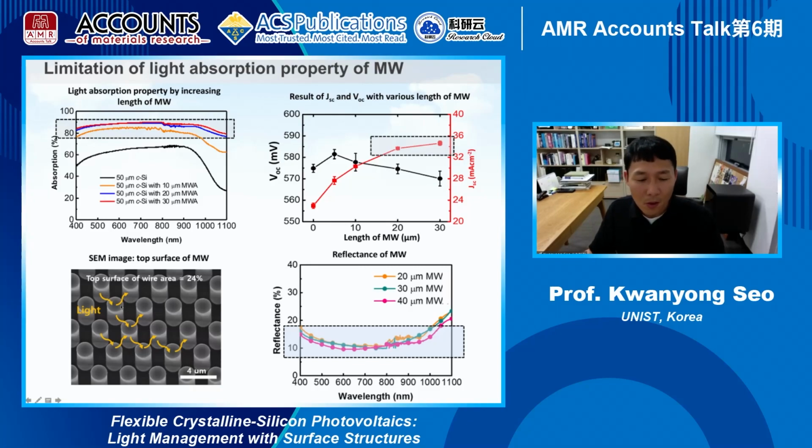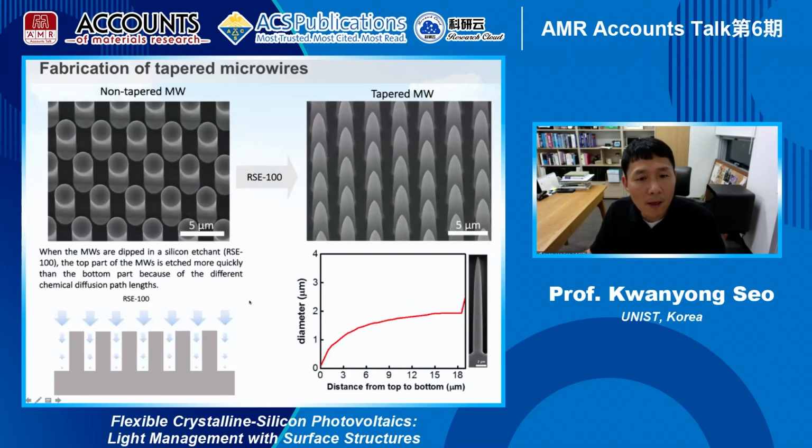That means although we apply the microwire array structure on the silicon surface, the 24% is still active reflection region. So to improve more the solar cell current density, we have to minimize this flat top surface area. So we employ the tapered microwire.